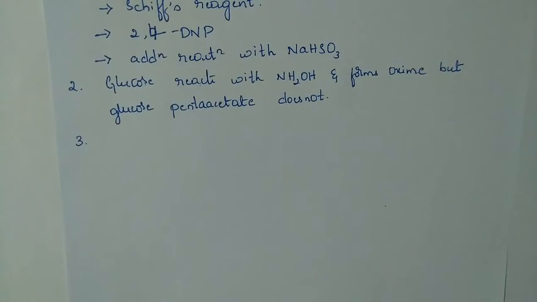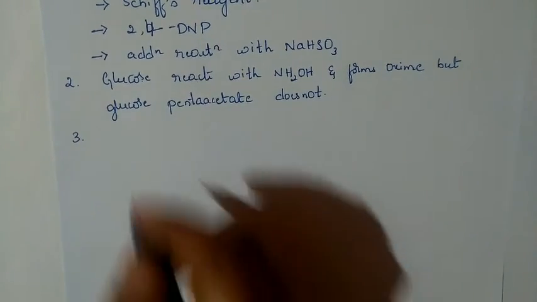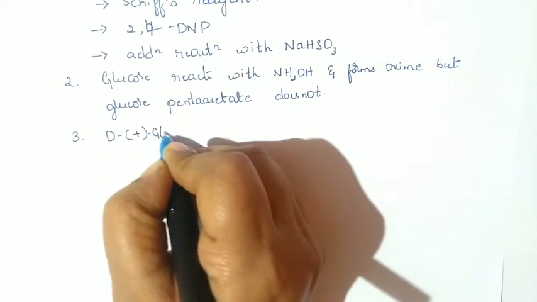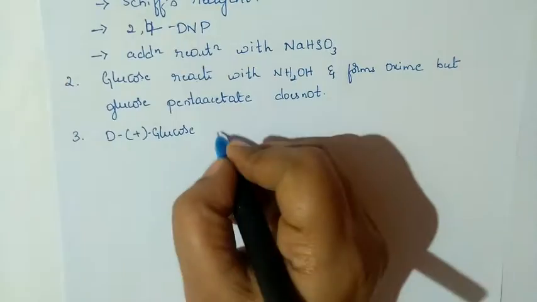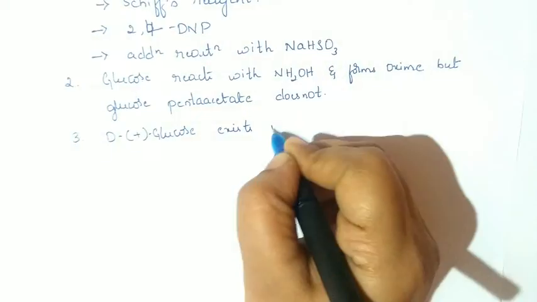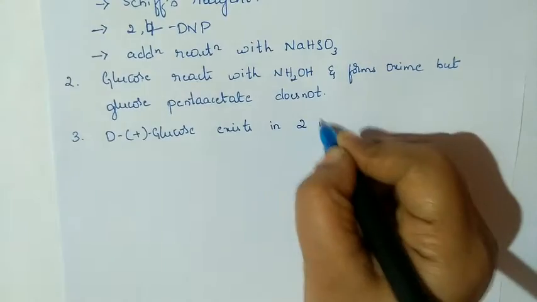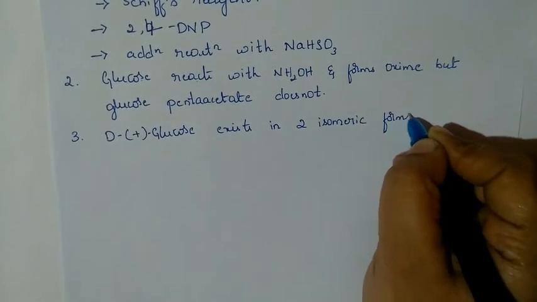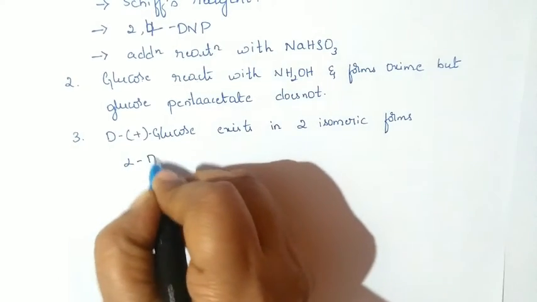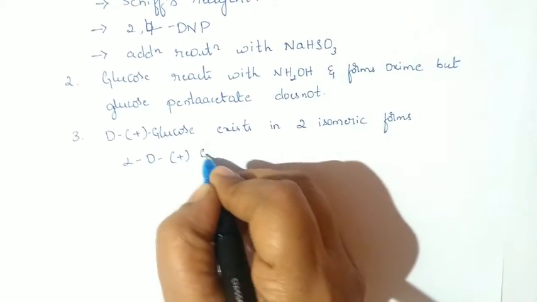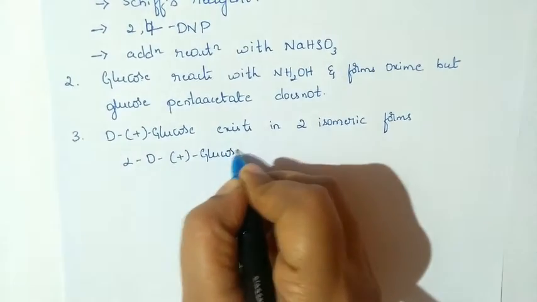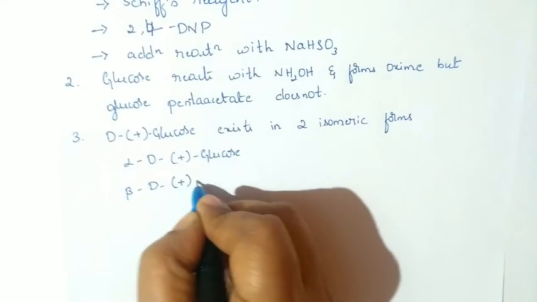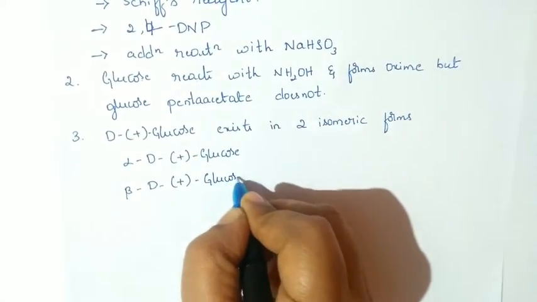Glucose exists in two different isomeric forms, that is D plus glucose only. D plus glucose exists in two isomeric forms, alpha D plus glucose and beta D plus glucose.